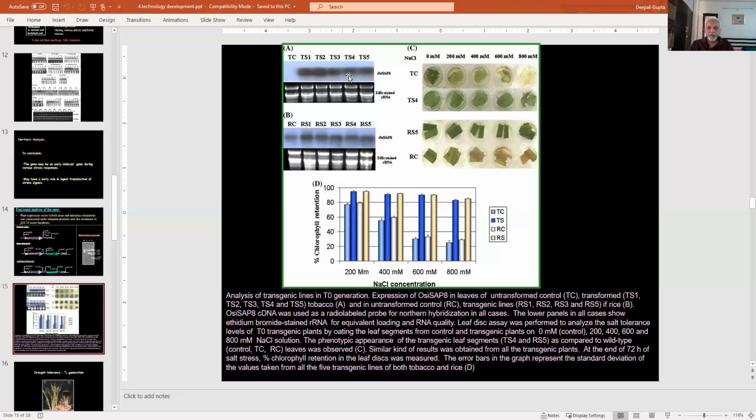In this panel, what you see is the tobacco transgenic lines 1 to 5 and the rice transgenic lines 1 to 5. So we picked up 5 plants, in fact, and then extracted RNA, ran a formaldehyde gel, and transferred onto the membrane. This is the tobacco, and the probe is the cDNA from rice.